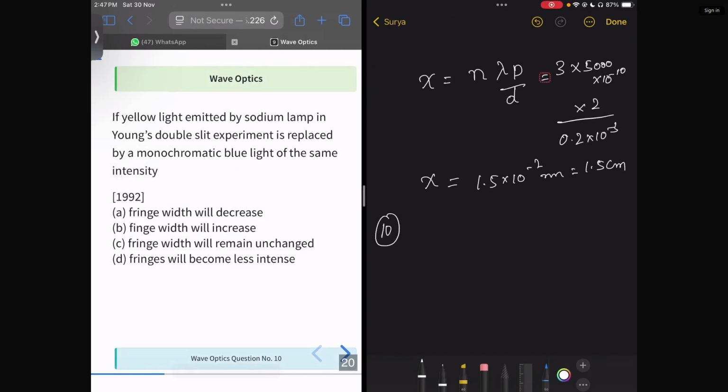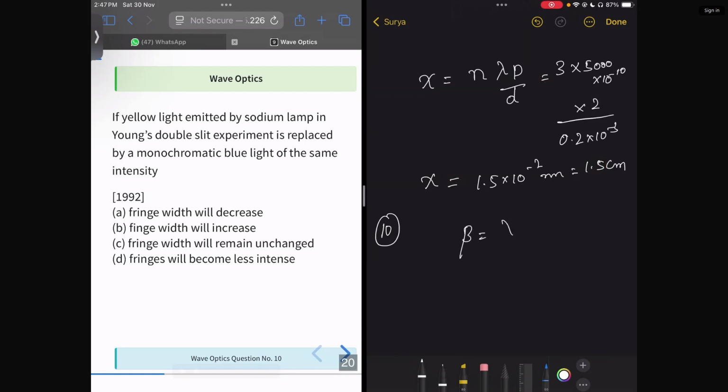So next question. If yellow light emitted by the sodium lamp in Young's double slit experiment is replaced by monochromatic blue light of the same intensity, what will happen? Will the fringe width increase or remain unchanged?